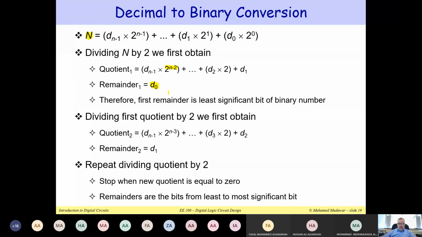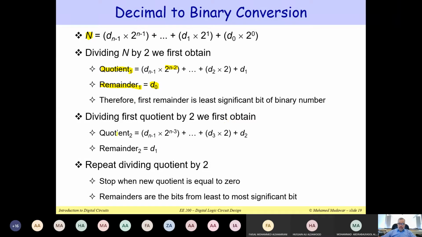So after the first division, when you divide n by 2, you get quotient 1, which is equal to this number, and you get remainder 1, which is d0. So the first remainder is the least significant bit of the binary number. Now you take quotient 1 and divide again by 2.